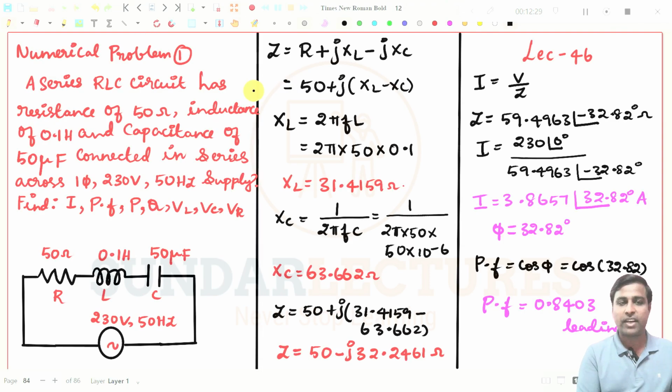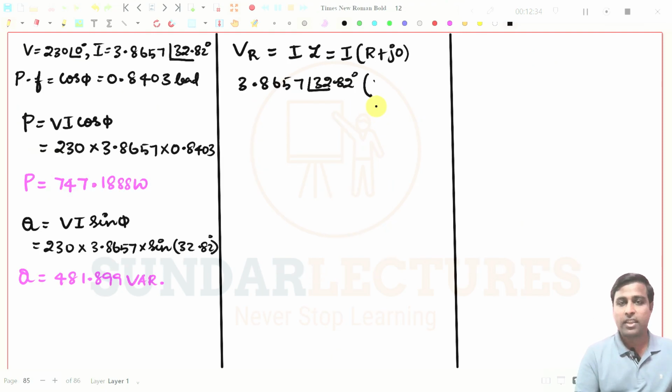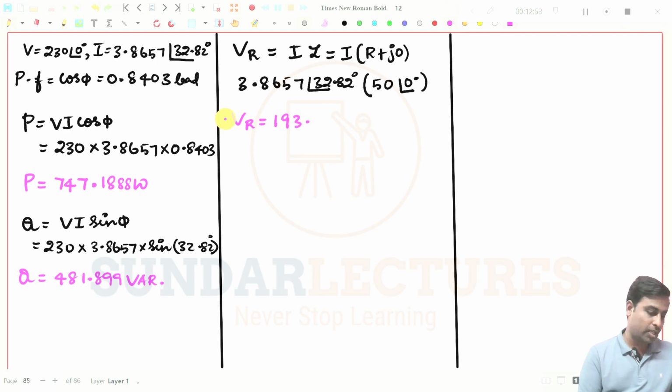So it will be 50 at an angle of 0 degrees, since it is resistor. There is no j, just 0 degree. So if I find this one, I get VR is 193.25 at an angle of 32.82 degree volts, right?